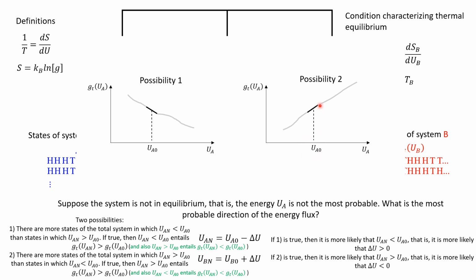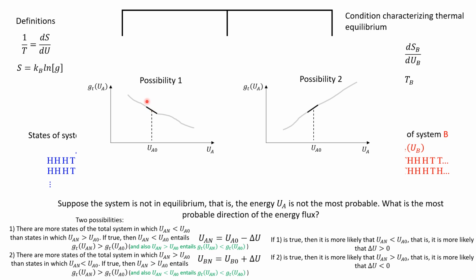So a higher energy, an energy to the right of the initial one, will have a larger multiplicity. So basically, what possibilities 1 and 2 amount to is that the multiplicity could be decreasing or increasing. So to find which condition is true, we need to identify the slope of the curve.